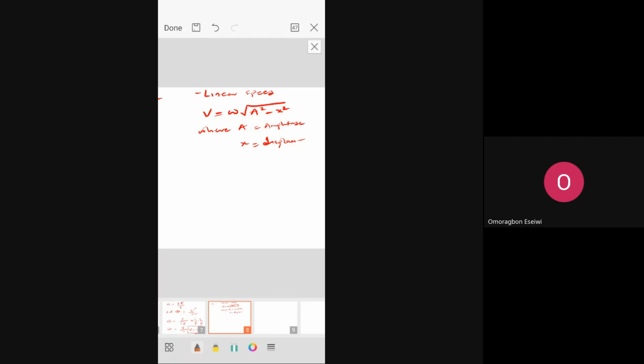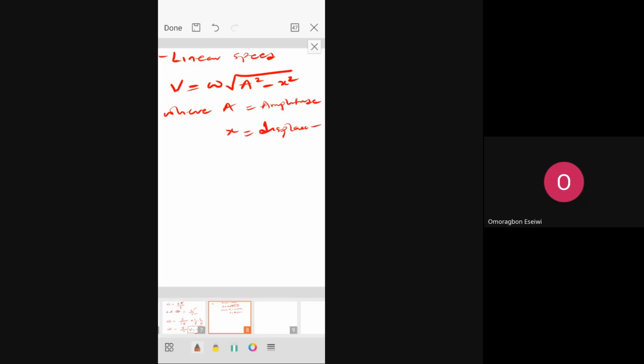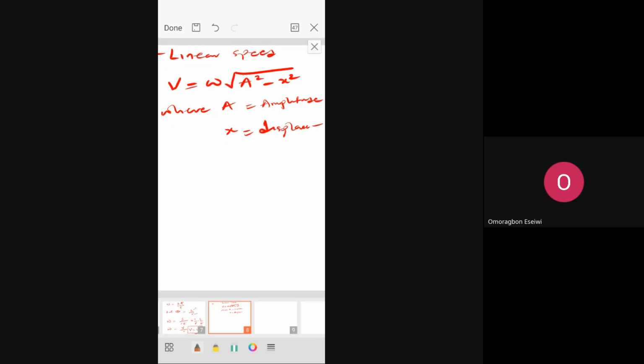Sometimes you might be asked to find the maximum speed of the object undergoing that motion. The maximum speed occurs where x is 0, which is the mean position. So for maximum speed, x is equal to 0.